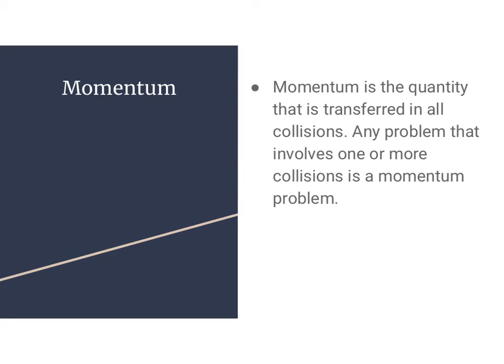This quantity of momentum, it's inertia in motion, and it's a measurement that is transferred anytime we have a collision. So anytime we have a problem that involves two things running into each other, whether it's a ball running into the earth, two people colliding, a car crashing into another car, even explosions where we have a single object breaking up into multiple pieces and spreading out in all directions, these are all examples of momentum problems.